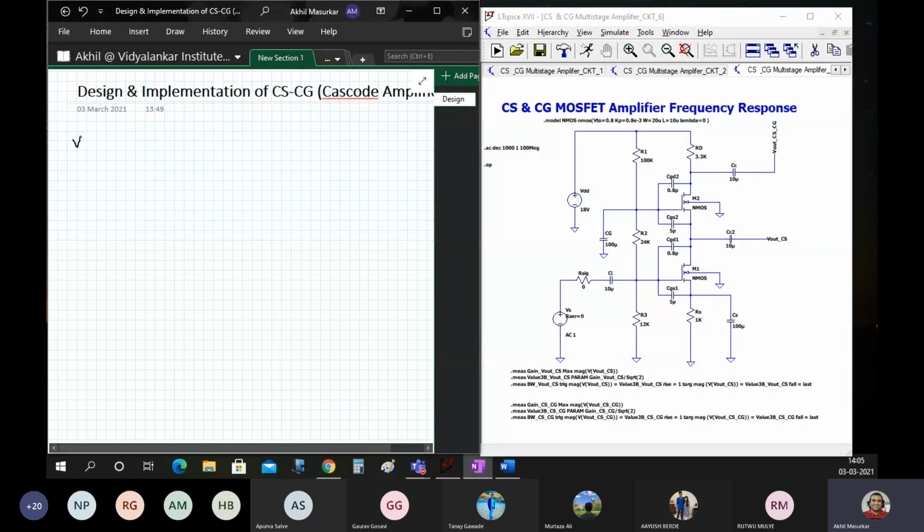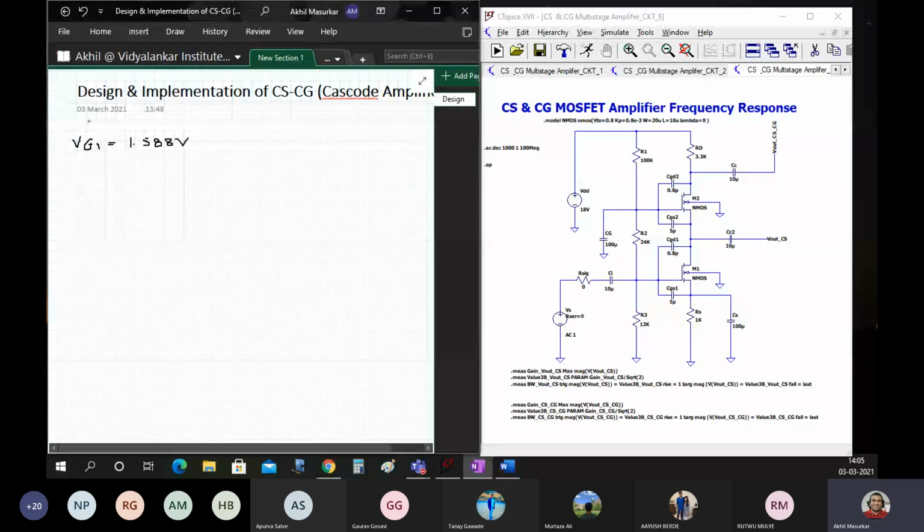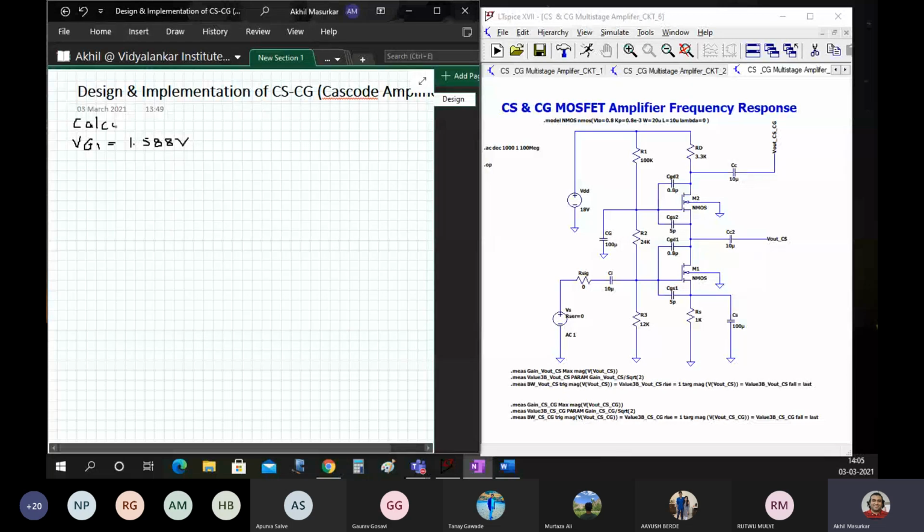1.588 volts. All these values that I am showing you are calculated values. Through the simulations we will find out observed values. Then voltage at gate 2, VG2, was 4.764 volts.